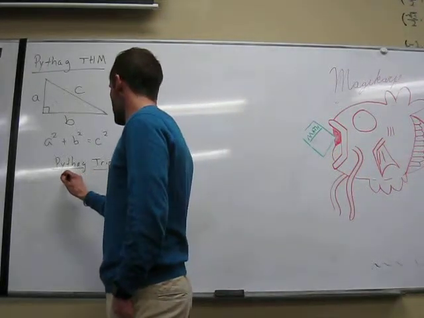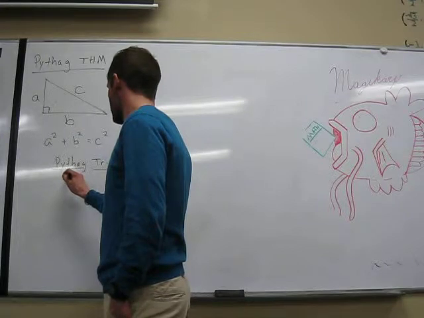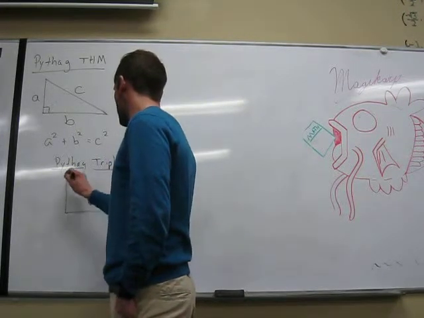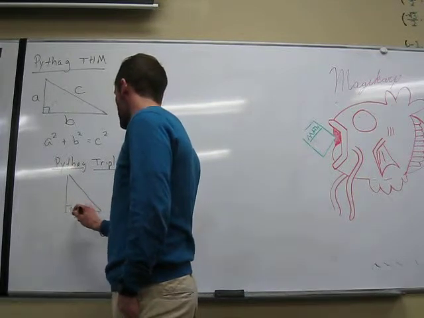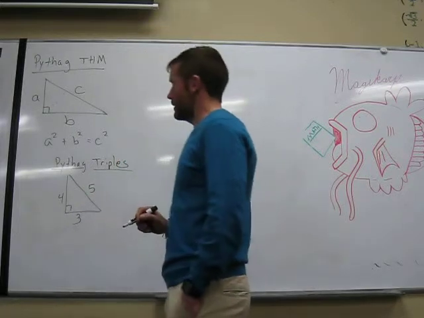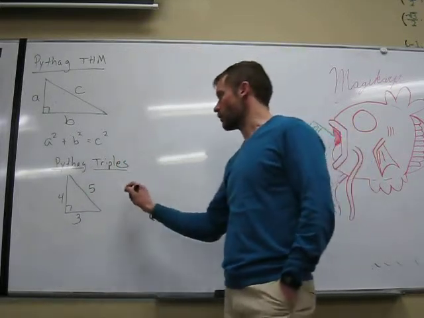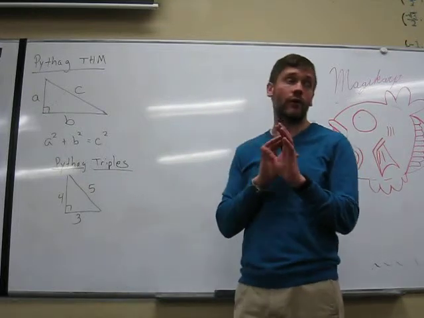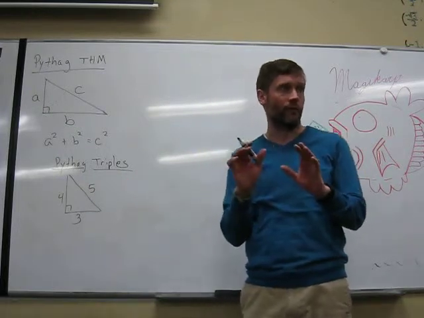I'll draw the triangle first and say this is a 3, 4, 5. Okay, so a 3, 4, 5 triangle, we check to see if it actually is a right triangle. If it's a right triangle, it'll work for the Pythag theorem.